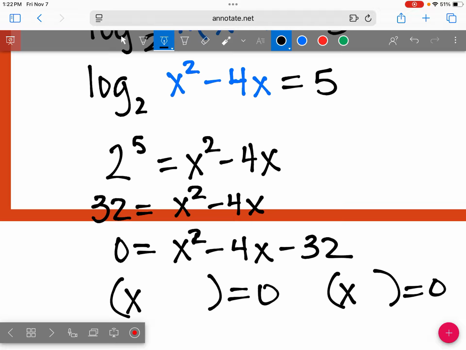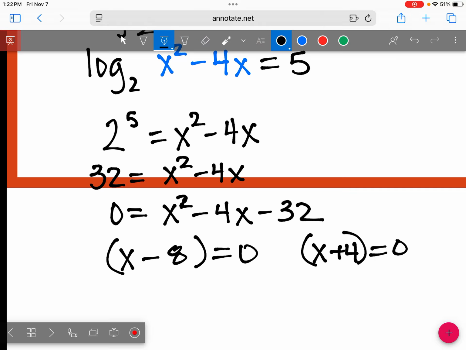What did you say, Kimberly? Negative 8, positive 4. When you set those equal to 0, I get 8, and I get negative 4.